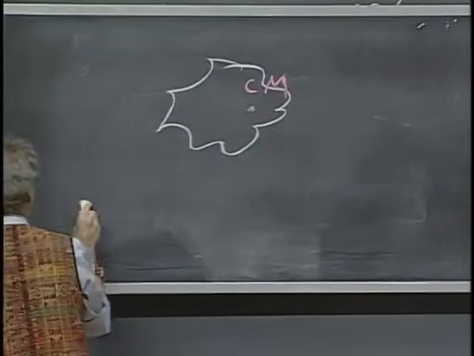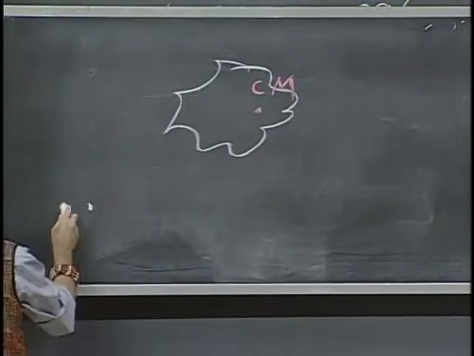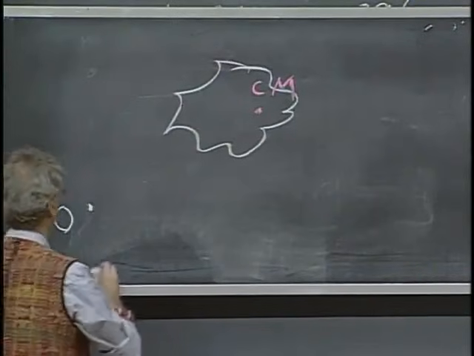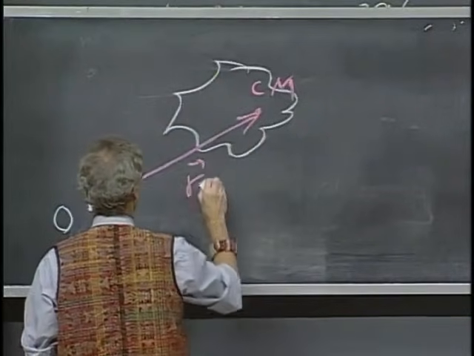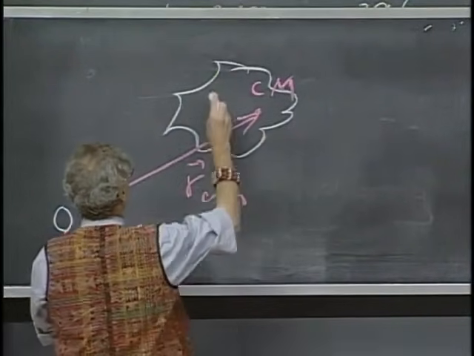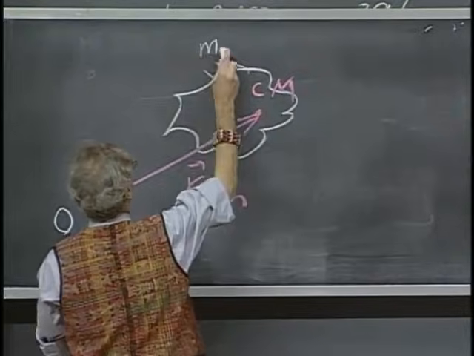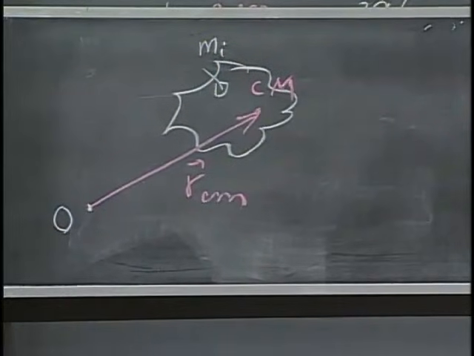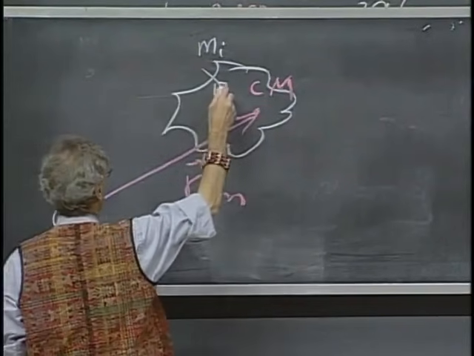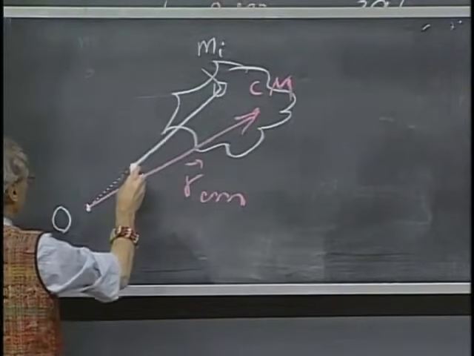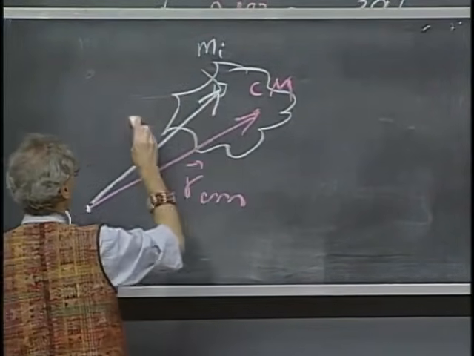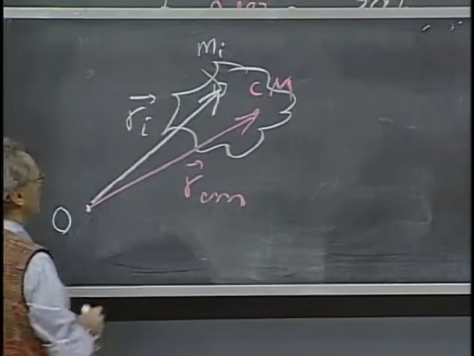I pick any origin I want to. You're totally free to choose this origin. Doesn't matter where you take it. And this now is the position vector of the center of mass. And now I carve out a zillion little mass elements m_i, covering the entire object, and this is the position vector r_i.